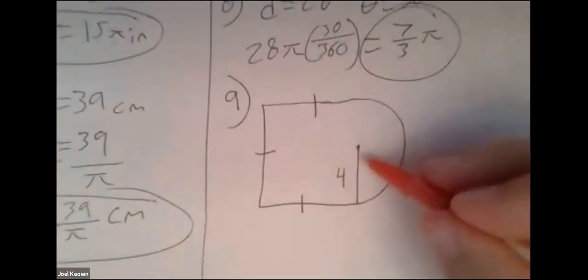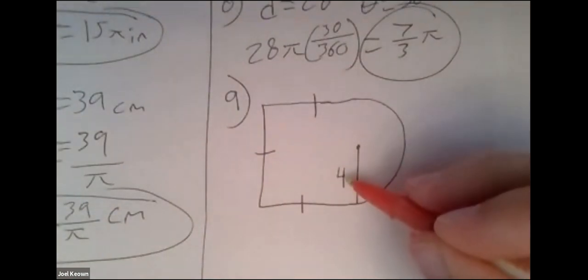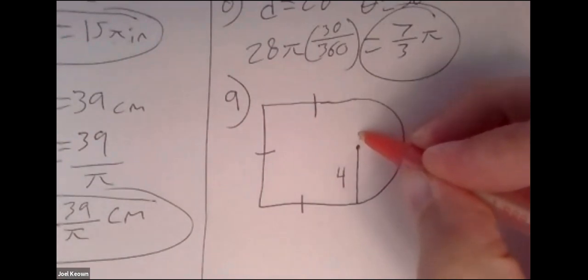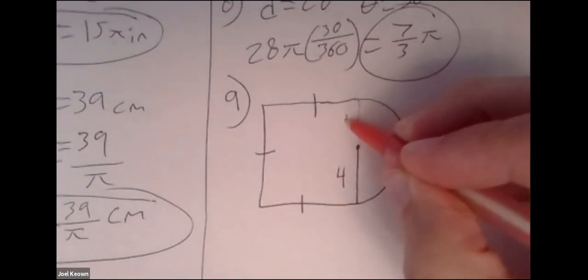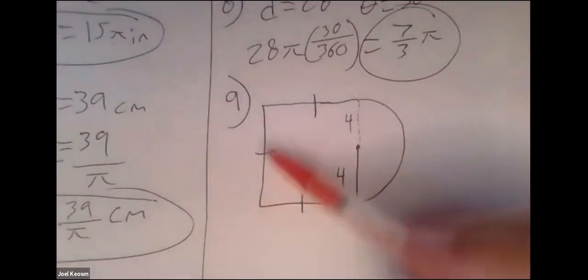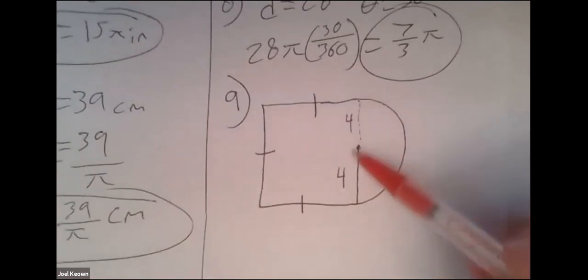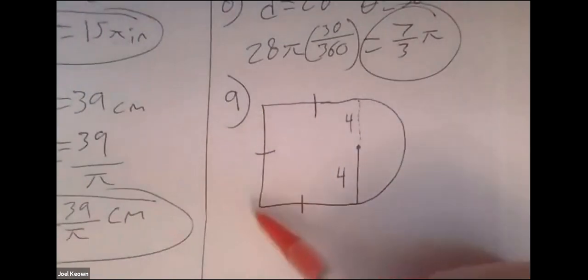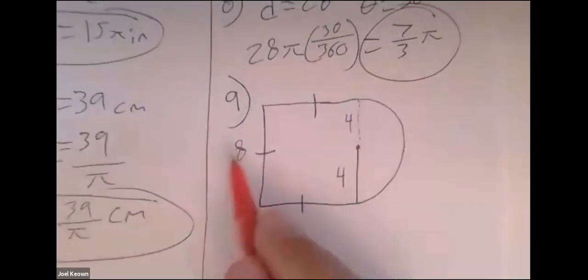All right, so it tells me the radius of this circle is 4. Well, if this is 4, then I know that from here to here also has to be 4. And that means that this one over here is a square. If this is 4 and this is 4, then together this is 8. 4 plus 4 is 8. So this side here has to be 8.